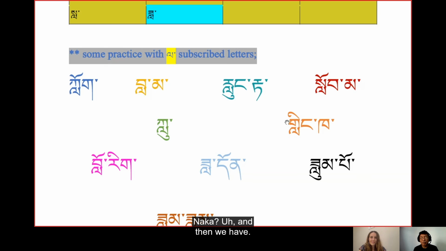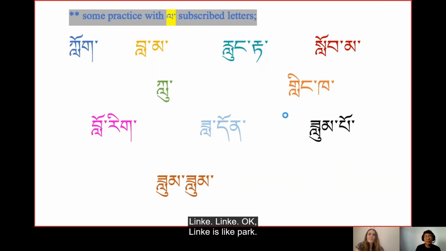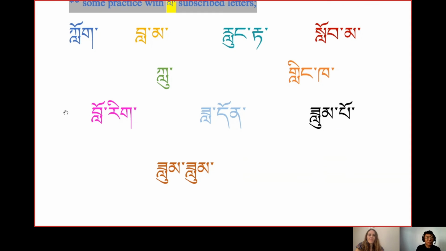Then we have ka and la and kiku and nga: ka, lata, la, kiku, ling, nga, ling. And then ka, lingka. Lingka is like a park. Then we have pa and la and naro: pa, lata, la, naro, lo.